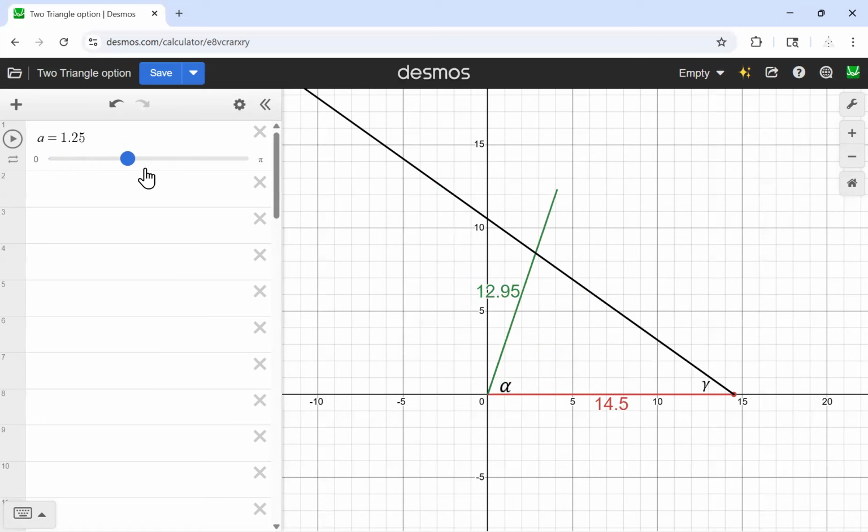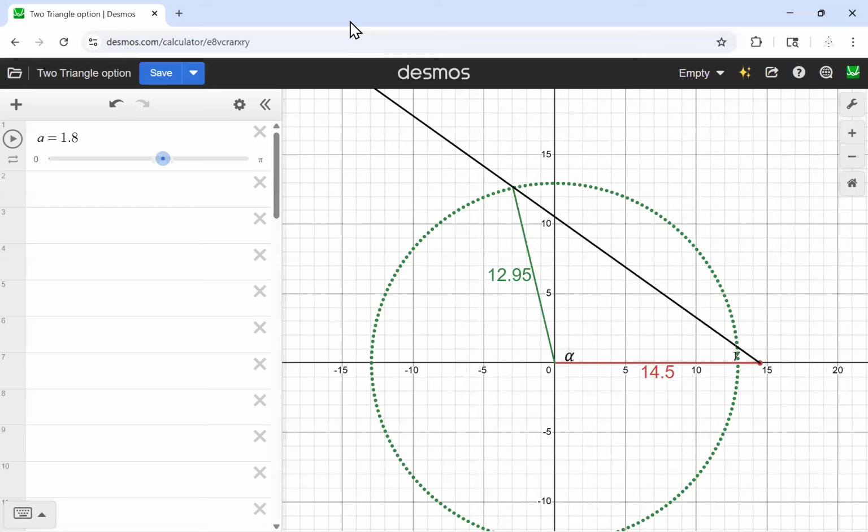Those two triangles. And this will happen anytime we can have this scenario. Again, I'm just rotating that 12.95 around in a circular motion, and it intersects that side in two different spots. And so that's going to yield two different triangles.